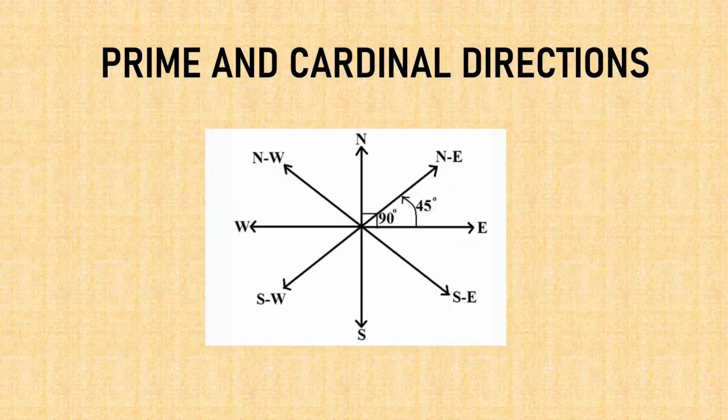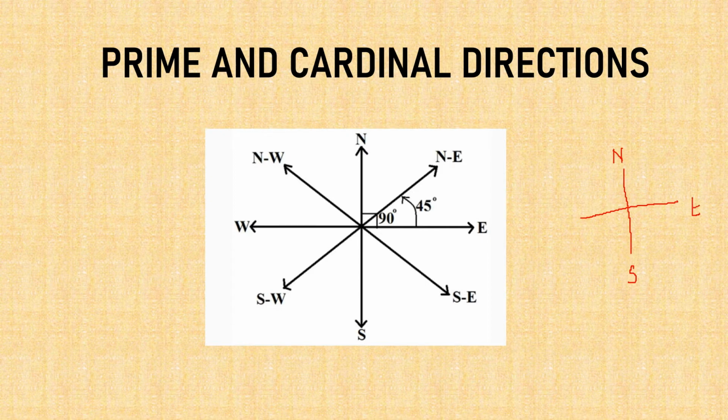The first and the most important thing when we are talking about direction sense is knowing about the directions. On your screen, you can presently see a diagram in which the various directions have been depicted. Whenever we plot any kind of map, we always take the north on the upper side and the south on the lowermost end.